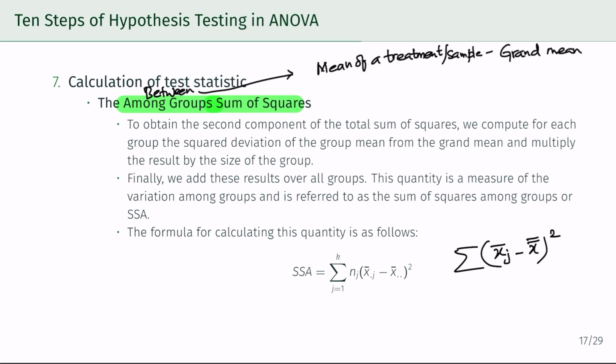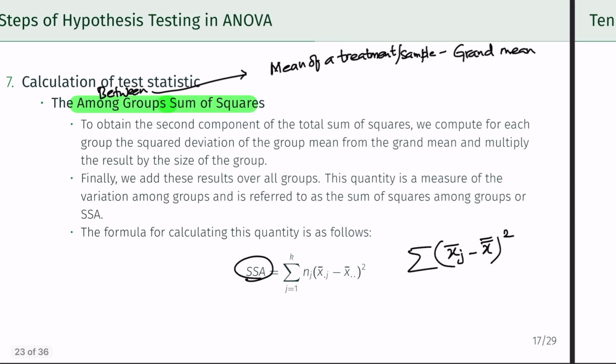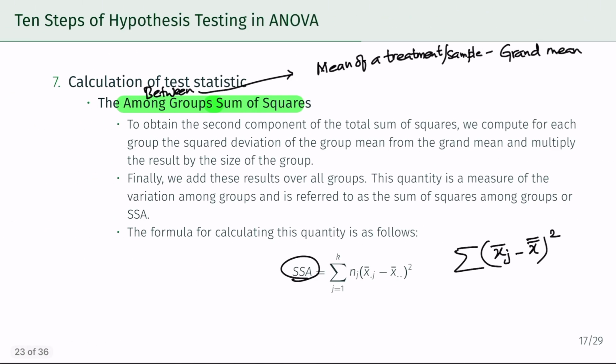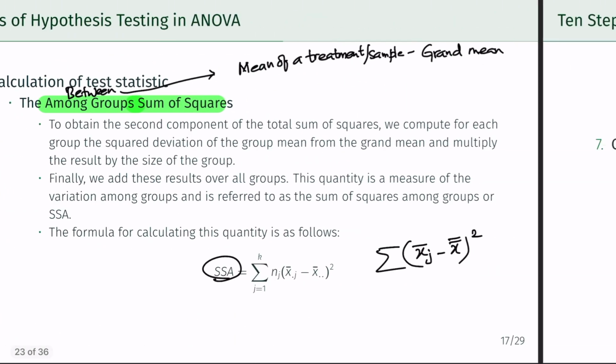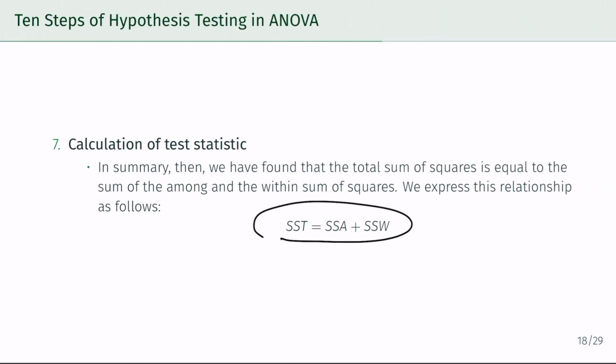Now what do we do with all these values? One way to check whether your answers are correct or not is to remember that the total sum of squares is the sum of the among group sum of squares and the within group sum of squares. Once we have these values, we construct an ANOVA table. So what will the ANOVA table contain?